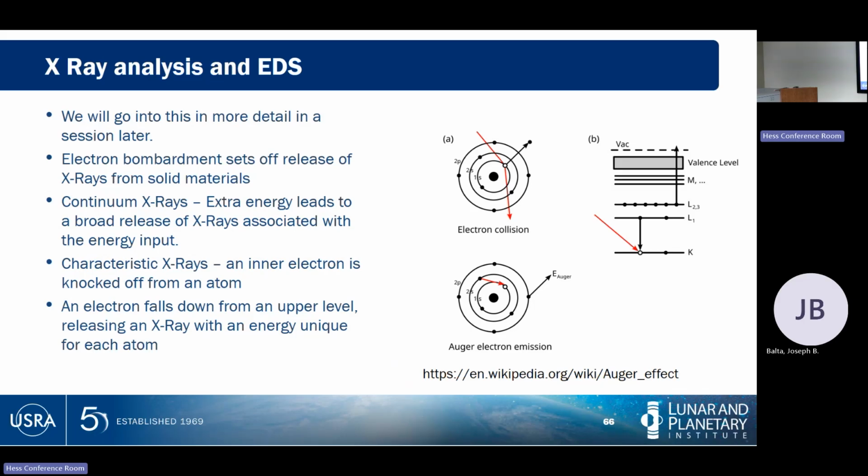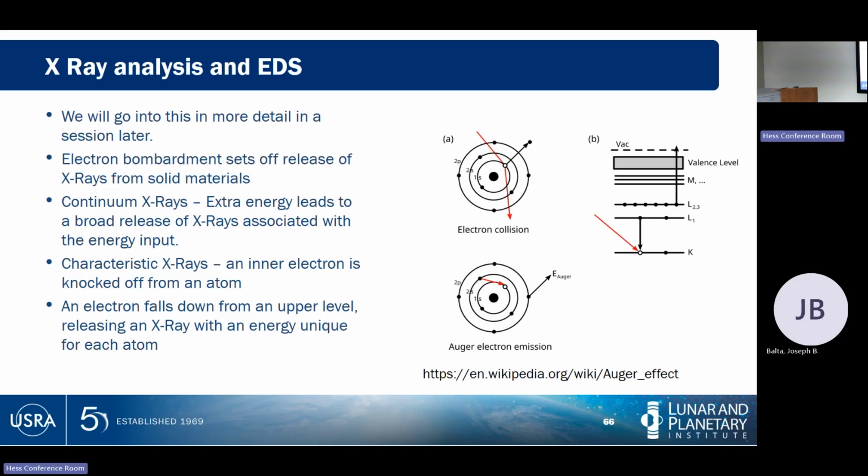When we shoot high enough energy electrons at a sample, they can whip around and leave, they can knock off outer electrons, or they can knock off an innermost electron. If we knock off one of these innermost electrons, we now have a hole in the electron cloud in our atom.